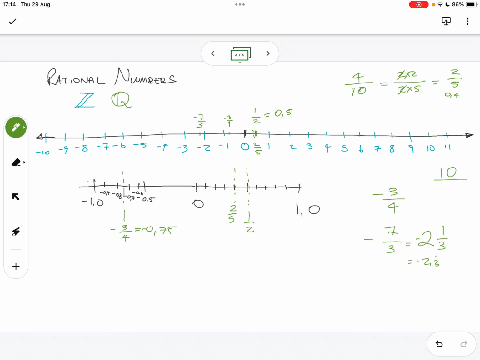I want to show you something. So it will equal 3 and 1 over 3, right? So 10 divided by 3 would be somewhere, let's see, 0.1, 0.2, 0.3. So the 0.3 would be somewhere there.